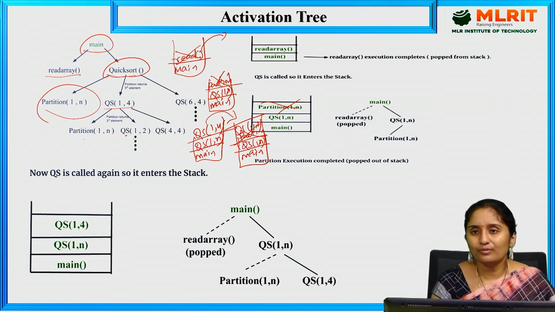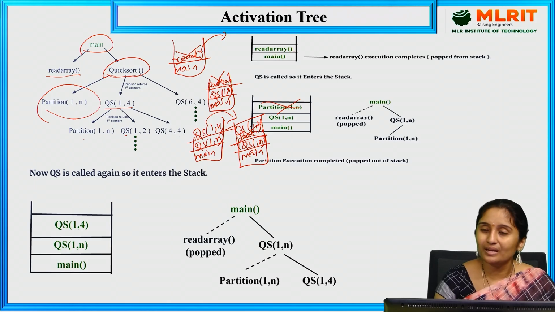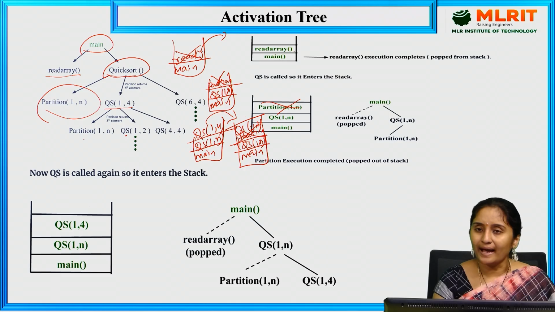Till now we have discussed what the activation record is and what steps take place in a stack when an activation record is pushed into the stack. There are 7 fields: return values, parameters, local data, saved machine status, access link, control link, and temporary variables. All those are stored in the activation record.